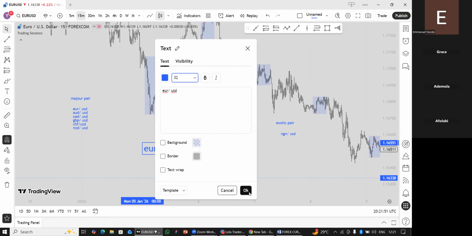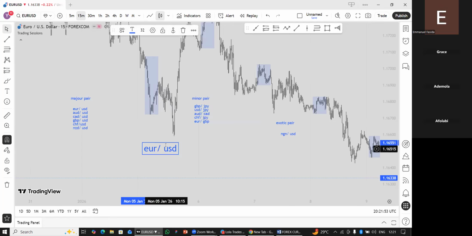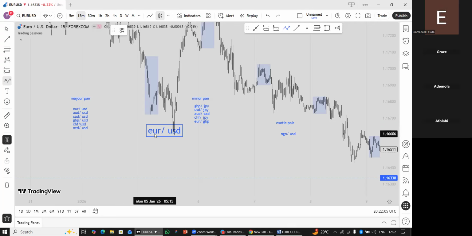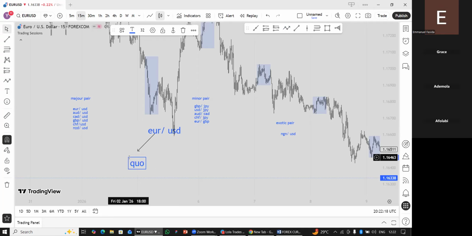Before you can say a pair is being traded, it has to entail two things. The first one is known as the quote pair. I'll write it out.